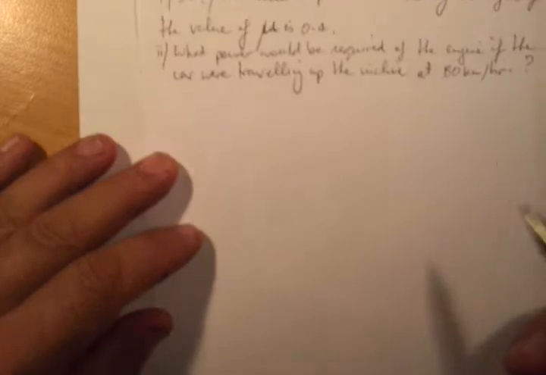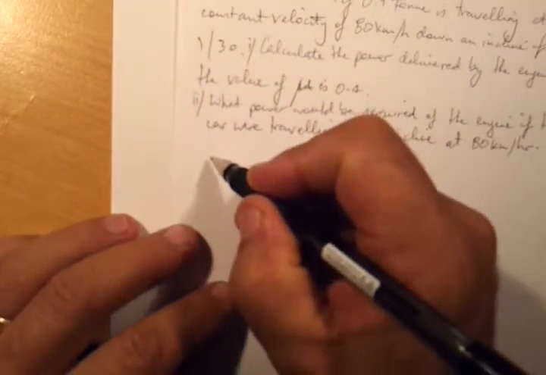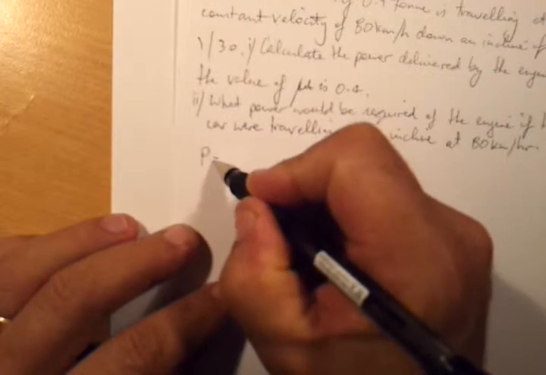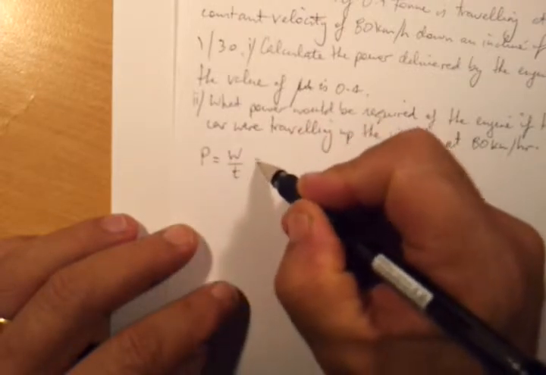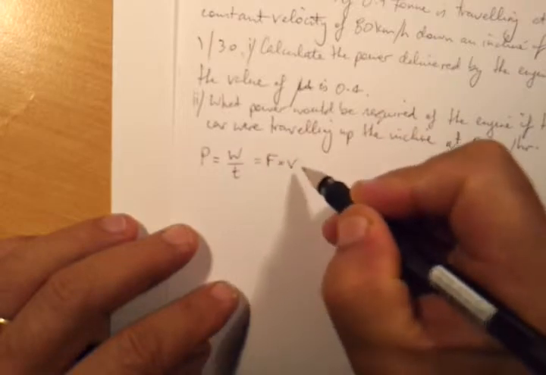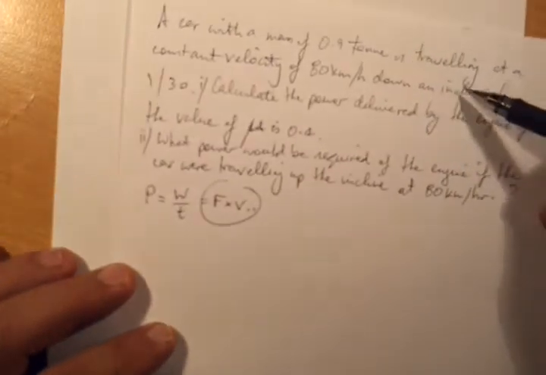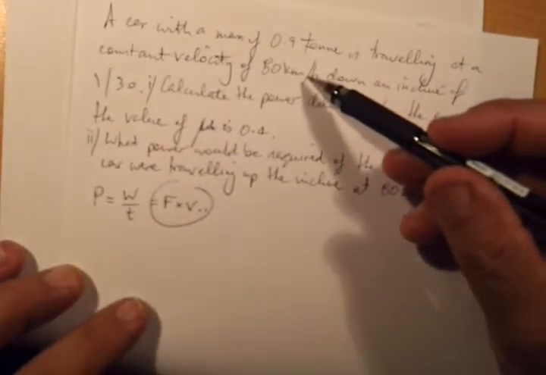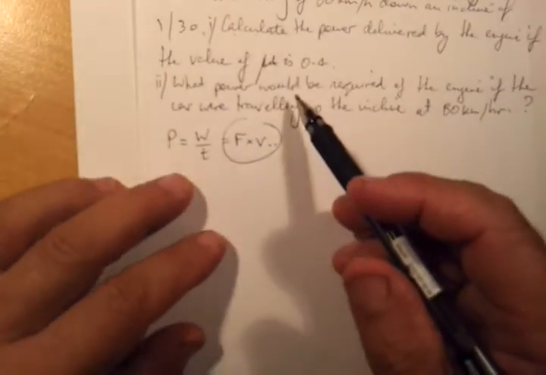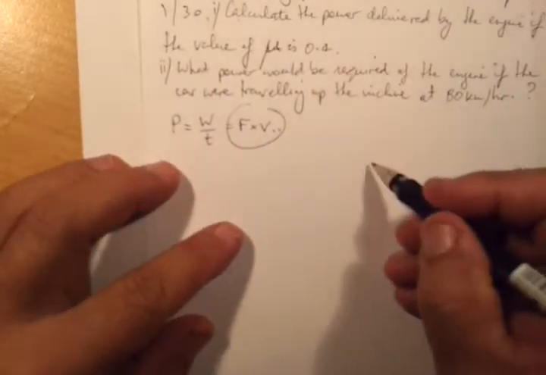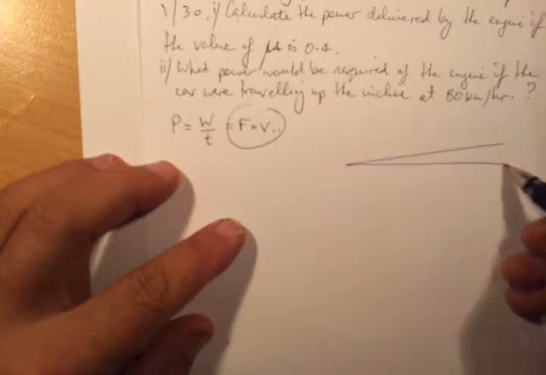Let's start off with what we know. Power equals work per unit time, which equals force times velocity. So force times velocity is probably the very useful one here, because we've been given a velocity and we can work out forces. Now, first thing to note is that we've been given an incline. So let's draw a free body diagram. We've got a long, narrow incline like that.